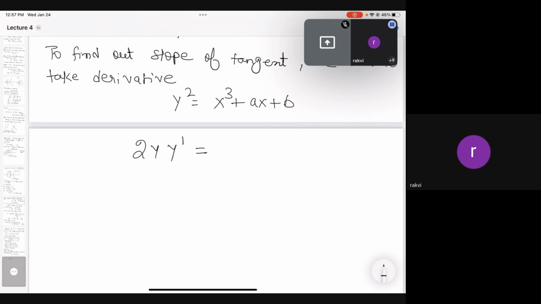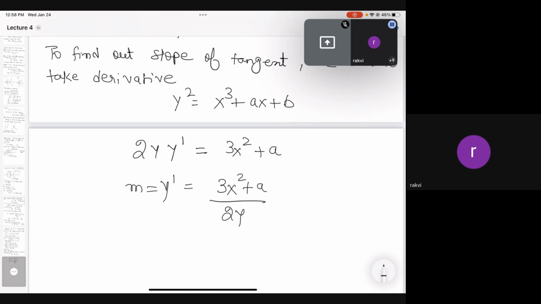And derivative of right hand side is 3x square plus a. So y dash or dy by dx is really our slope that I'll again call m. And this is 3x square plus a over 2y.